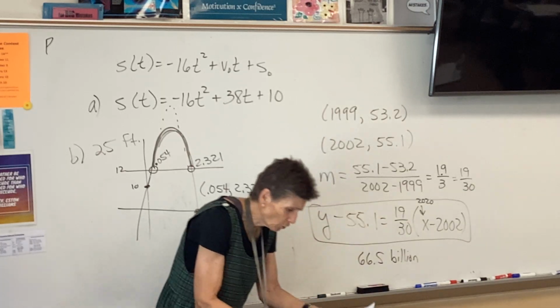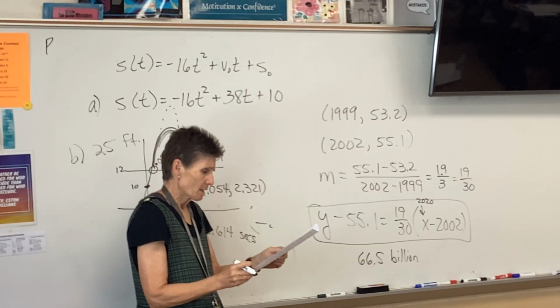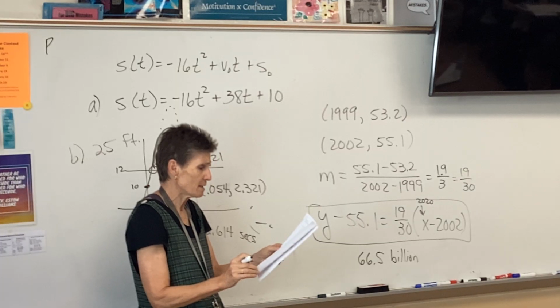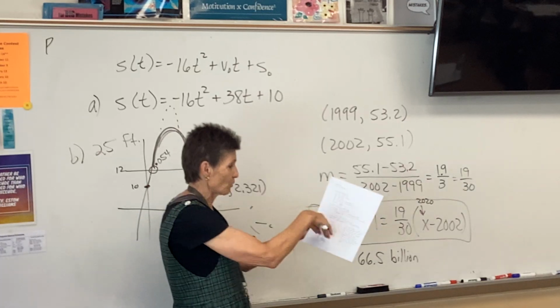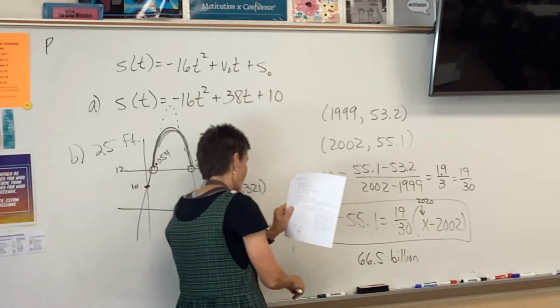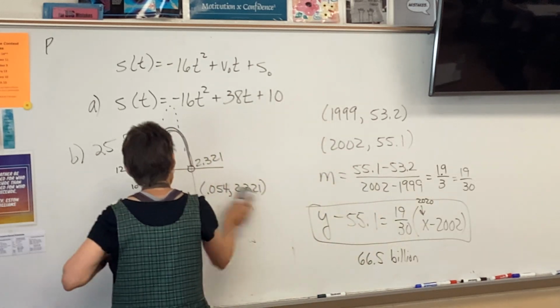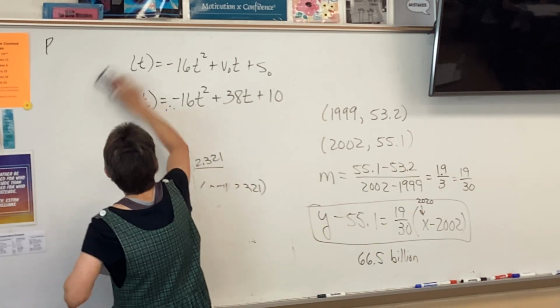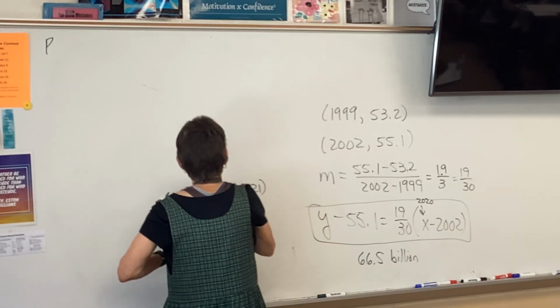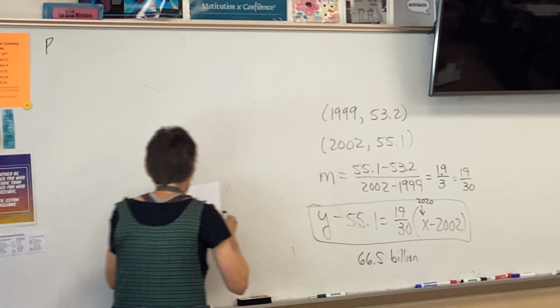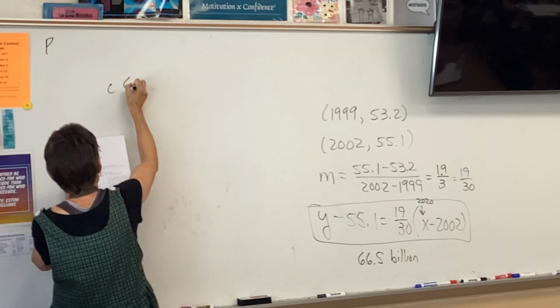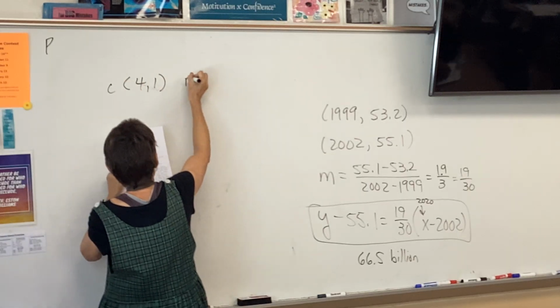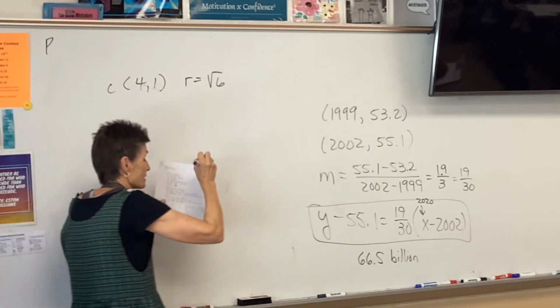So if I look on the first page review here, number 4 talks about circles, so let's do that. And then we'll get from another perspective too. So I got a center at 4,1 and a radius of √6.